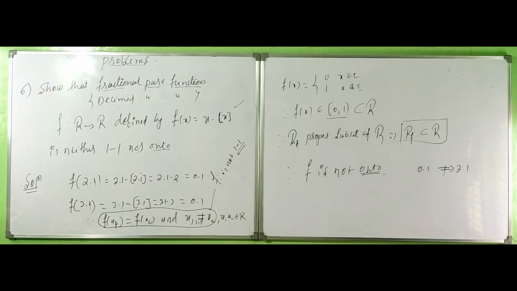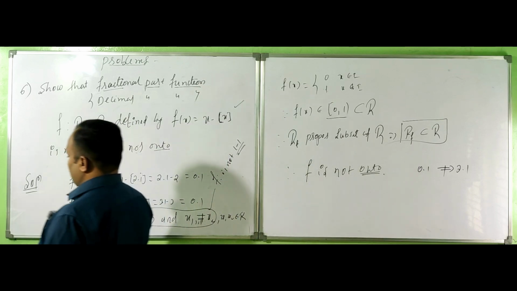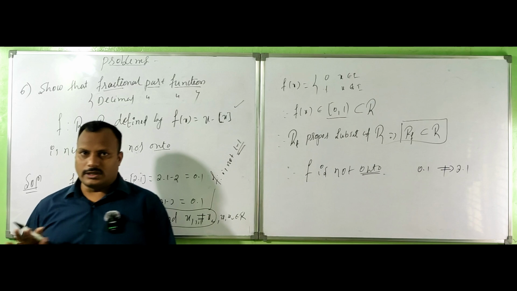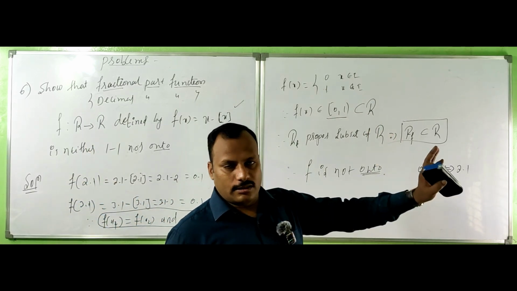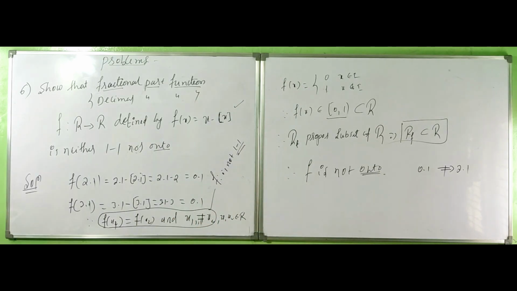Only by theory, range of f is a proper subset of the real numbers, that's why it's not onto. In the book also they have given it like that.